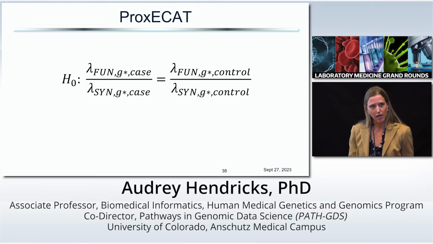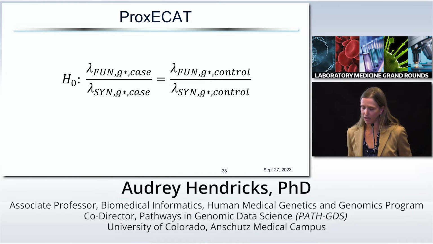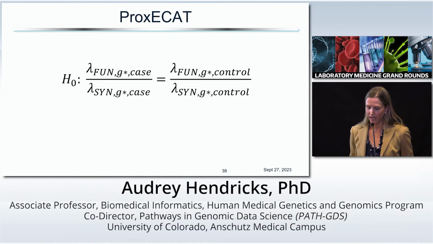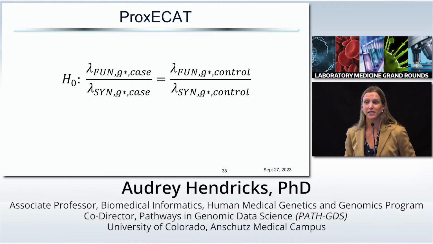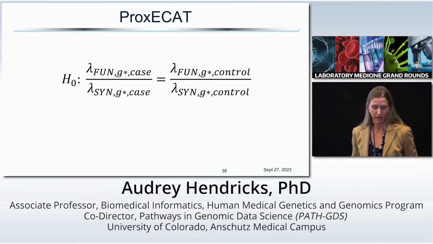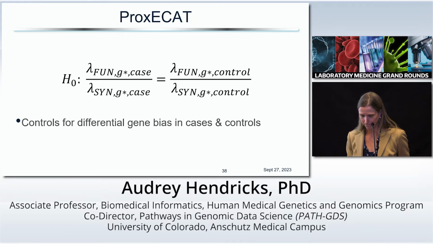So we updated our ProxyCat formulation, and on the top we have our functional variants, and on the bottom we have our synonymous variants. And in our cases compared to our controls, when there's no association, we expect these to be equal, and when there is one, we might expect more functional variants in our cases compared to the synonymous. This controls for differential gene bias in cases and controls.